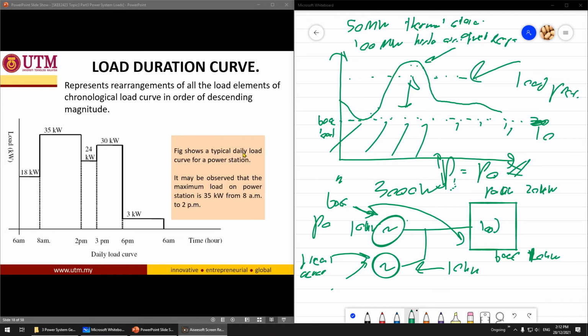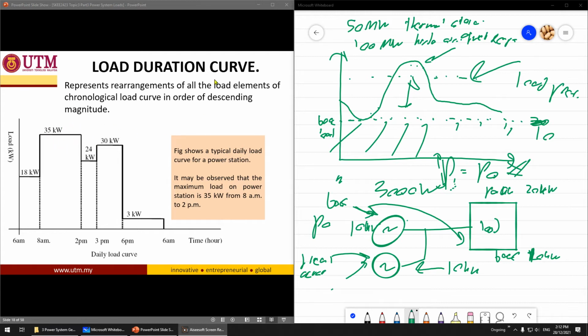This is a typical daily load curve, because it shows one day of usage. It may be observed that the maximum load on the power station is 35 here. So the maximum power is this.